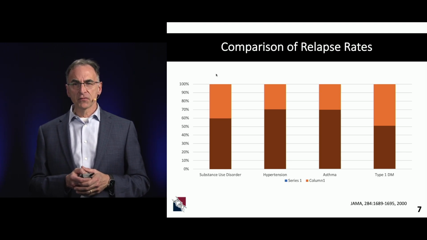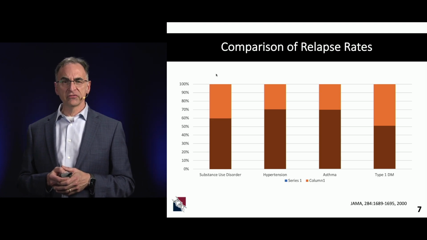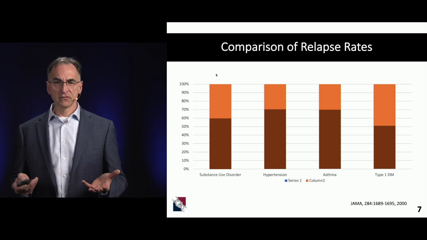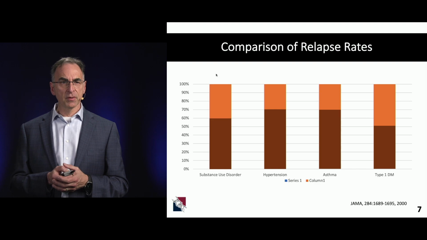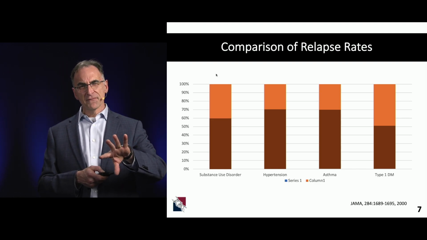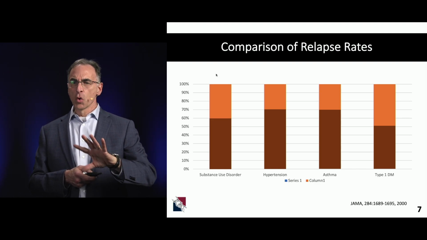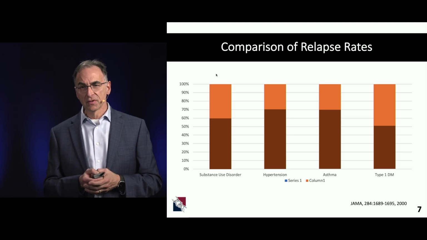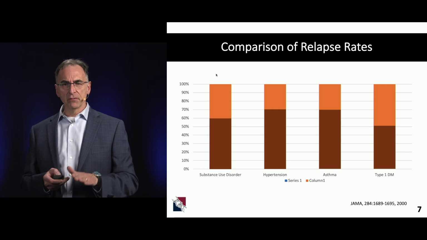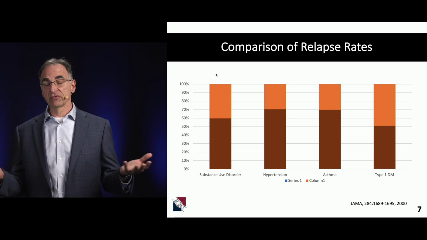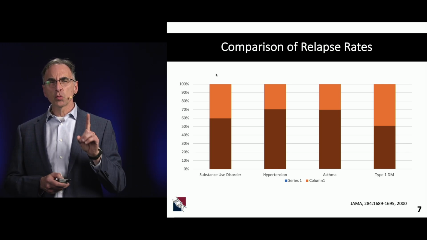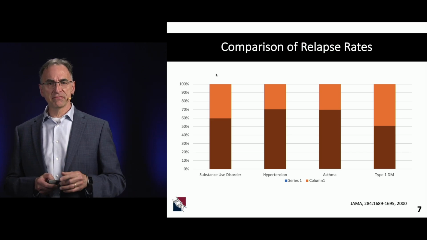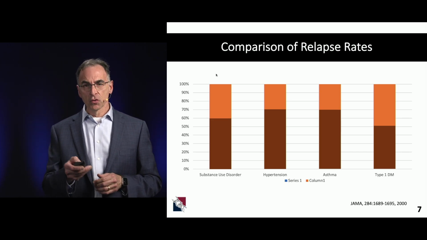The relapse rate for those with substance use disorder is similar to what occurs with other chronic diseases such as hypertension, asthma, and diabetes. And based on the graph, about 40 to 50% will have an episode of relapse, and some of them have multiple episodes of relapse. So if patients stop following their medical treatment plan, they are simply likely to relapse. Relapse, in my mind, is not a failure, just an opportunity for course correction.